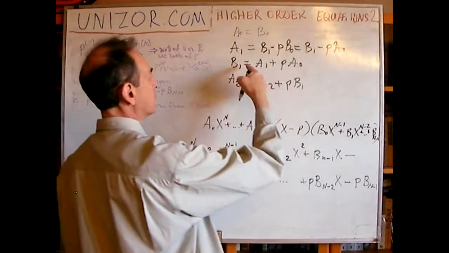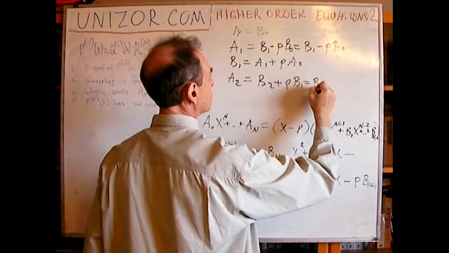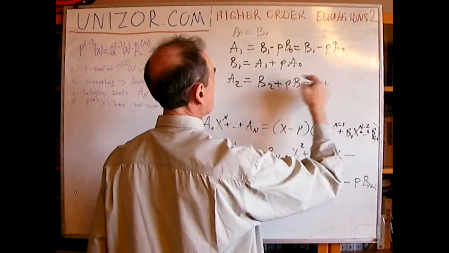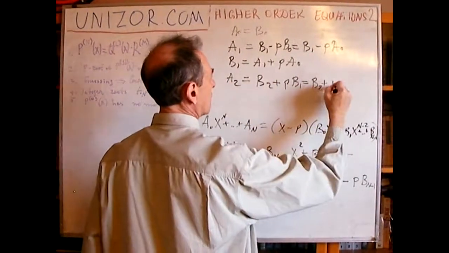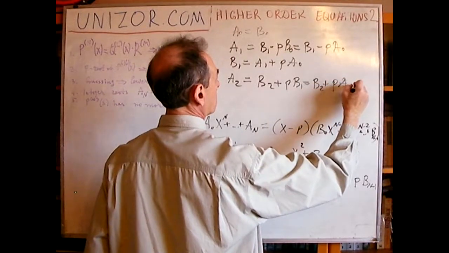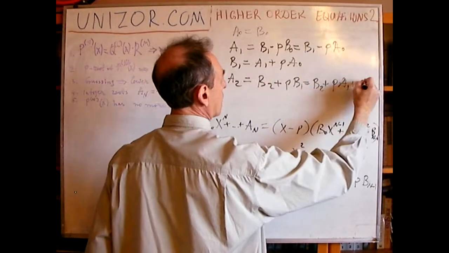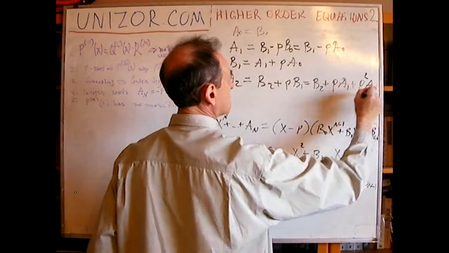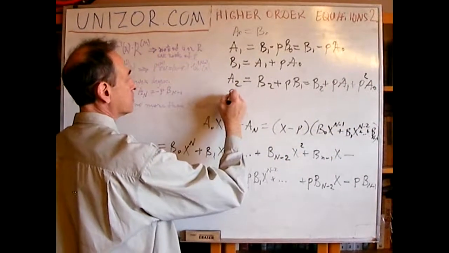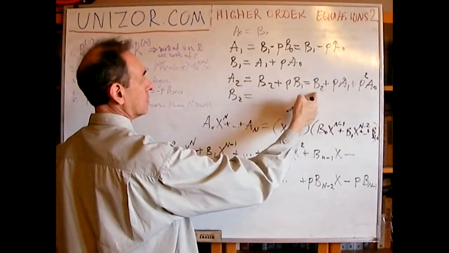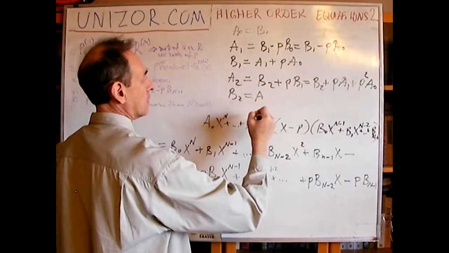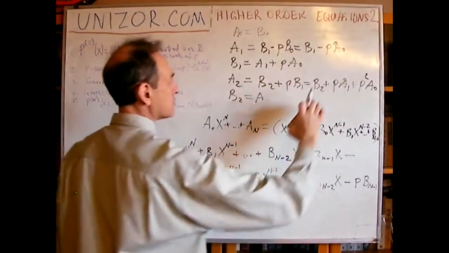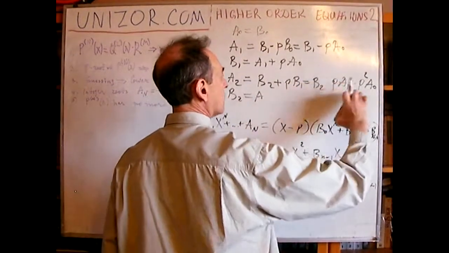Now, I know what b1 is, so it's b2 plus p a1 plus p squared a0, from which b2 is equal to, minus, I'm sorry, this is supposed to be minus.